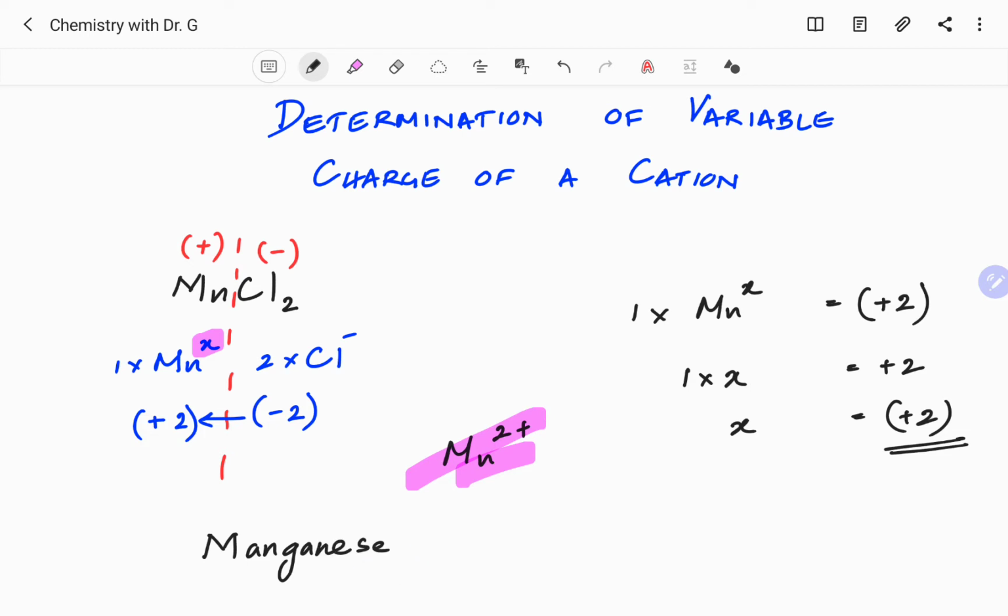This is the metal cation name, and then within brackets you have to write the charge. Why? Because it has a variable charge. Manganese could have multiple charges, so you have to identify the charge, which is +2, and then chloride. All right, so let's do another example.